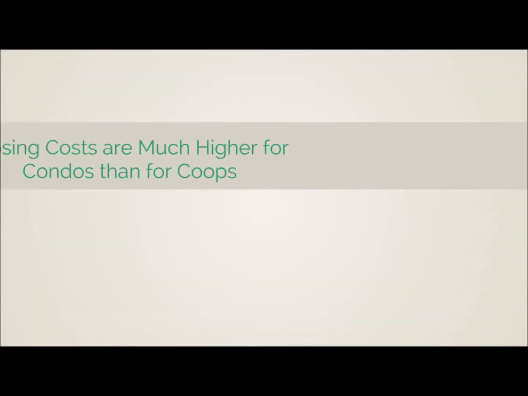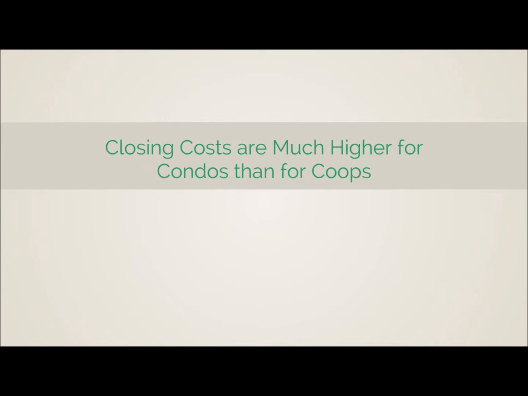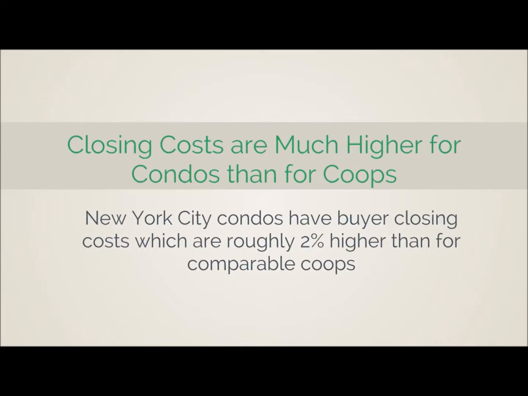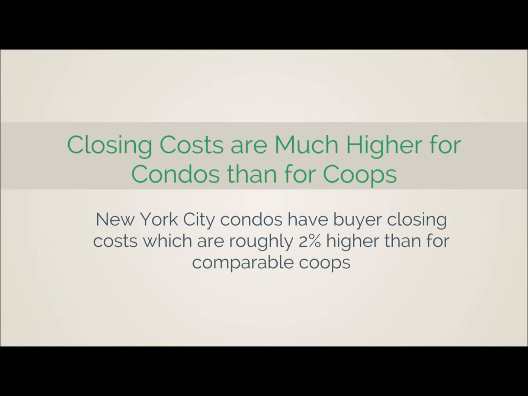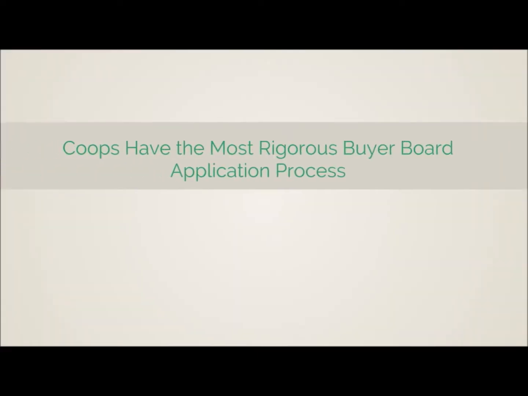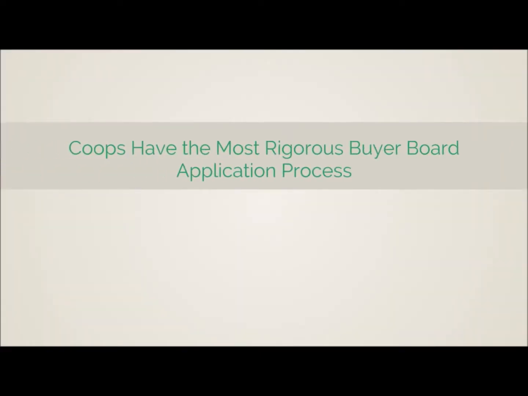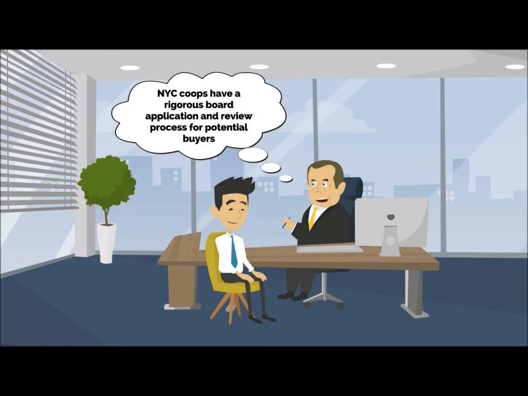4. Closing costs are much higher for condos than for co-ops. New York City condos have buyer closing costs which are roughly 2% higher than for comparable co-ops. 5. Co-ops have the most rigorous buyer board application process. New York City co-ops have a rigorous board application and review process for potential buyers.